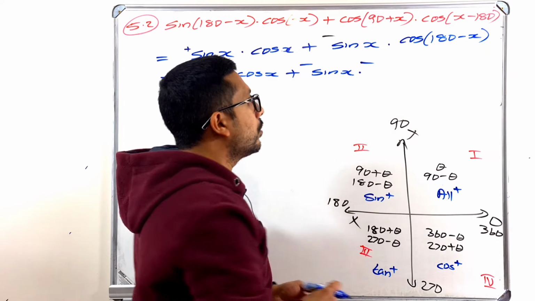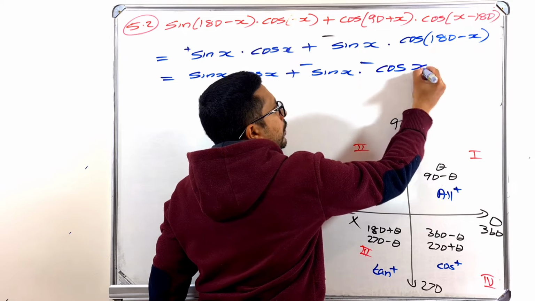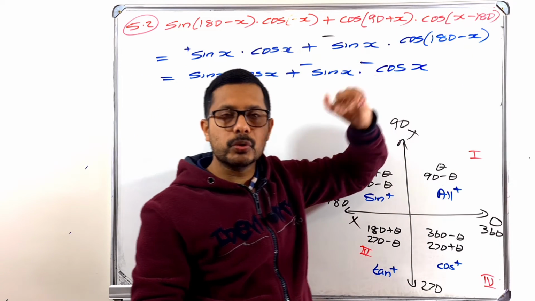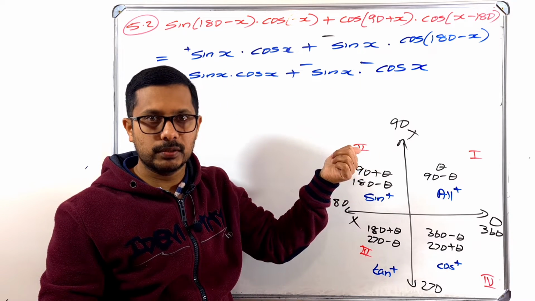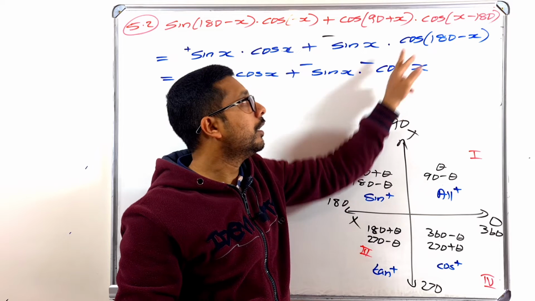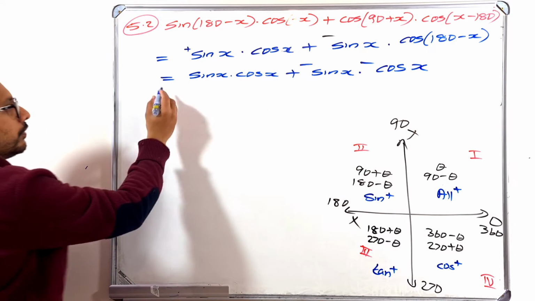So here it is cos, and here also it is cos. But if here it is 90 or 270, you are supposed to write the co-function of cos, that is sine. But here it is 180, so you can write the same trigonometric function here.